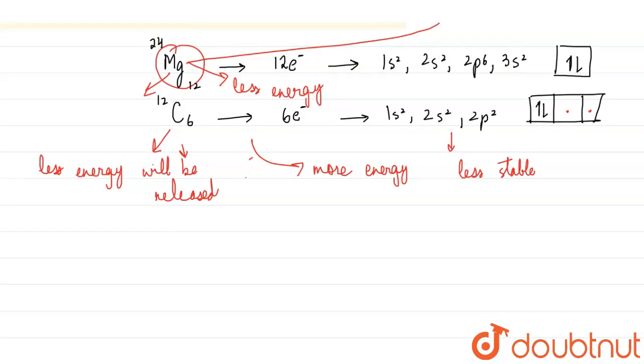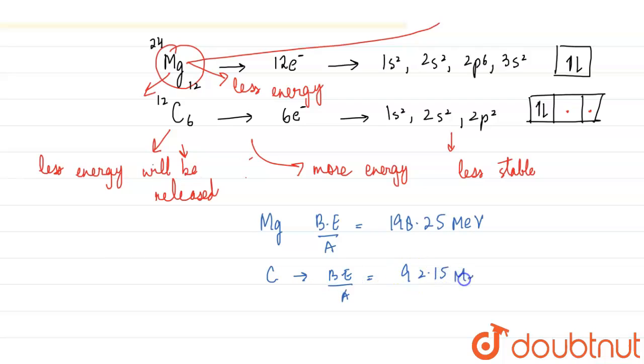And we can use one more explanation, and that is the binding energy per nucleon. Magnesium's binding energy per nucleon is 198.25 mega electron volts. That means more energy. And for carbon, the binding energy per nucleon is 92.15 mega electron volts.